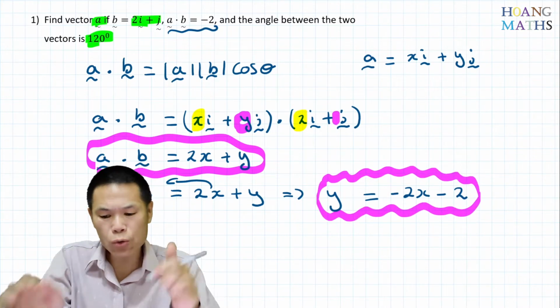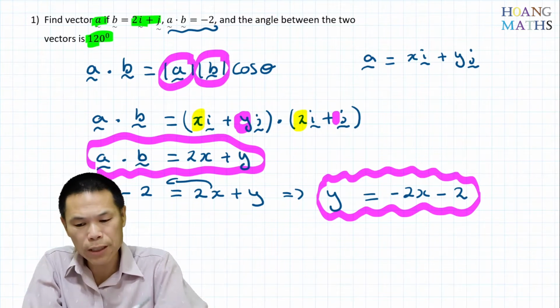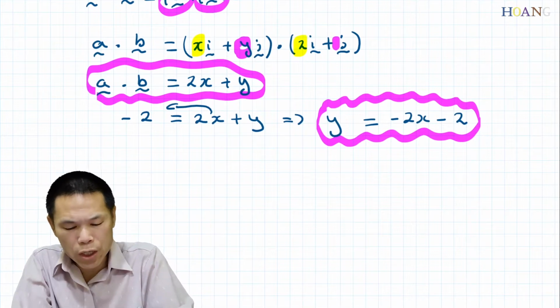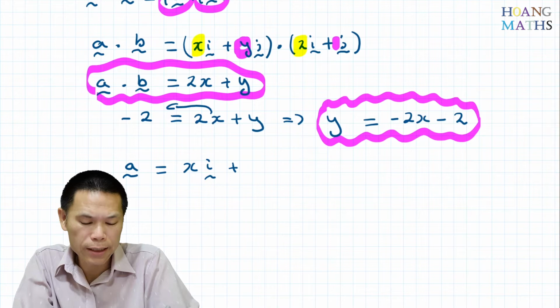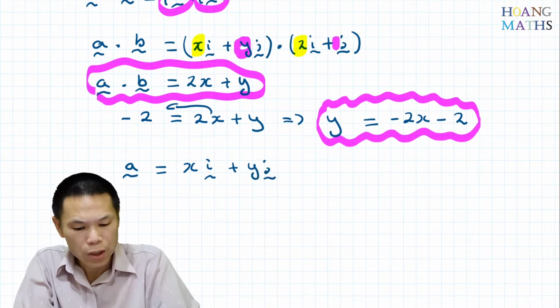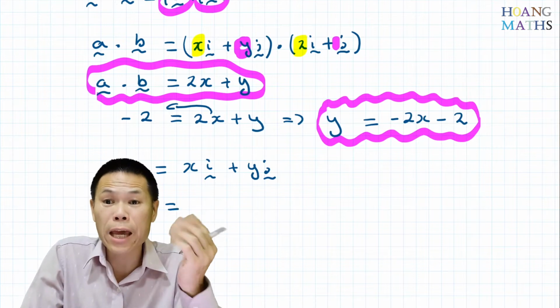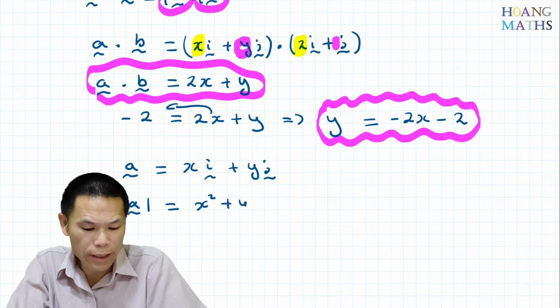Now what we need to do is find the magnitude of A and the magnitude of B. So the magnitude of A, let me just write this down. We know that vector A is xi plus yj. Therefore, the magnitude of A, just using Pythagoras' theorem, is the square root of x squared plus y squared.